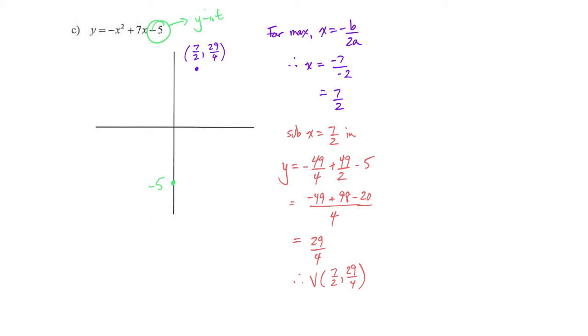Okay, well, we can reflect that point across now. My y-intercept would be 7/2 units away from my vertex, which means I need to be 7/2 units on the other side. Well, if I double 7/2, then my halves are gone. If I take 7/2 and I double it, I get out to 7.